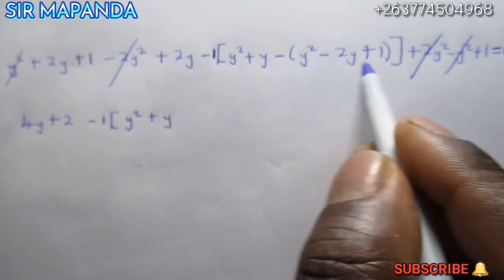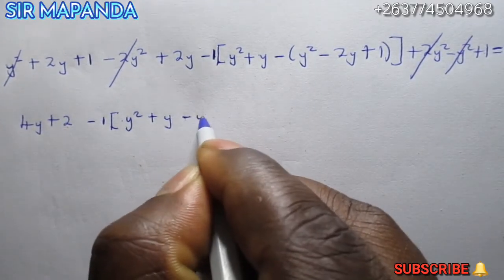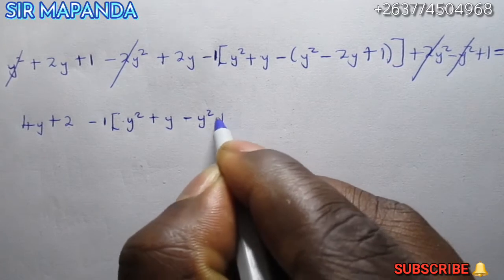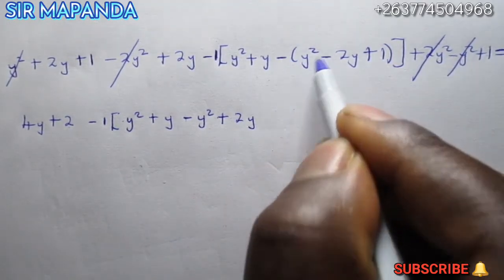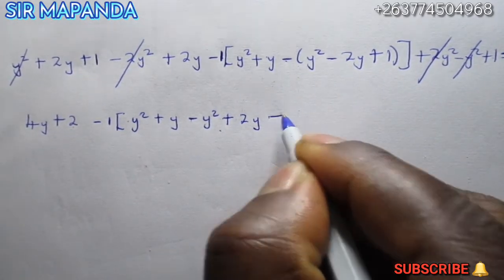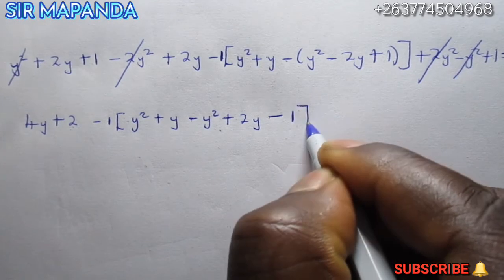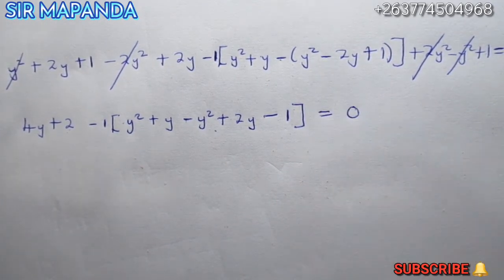Then if we remove the smaller bracket inside the big bracket, you get minus y squared plus 2y, right? Since negative and negative you get plus, negative and plus you get negative. So this is -1. Then you close your bracket, equate everything to 0. Something like this. I hope you are following, class, right?